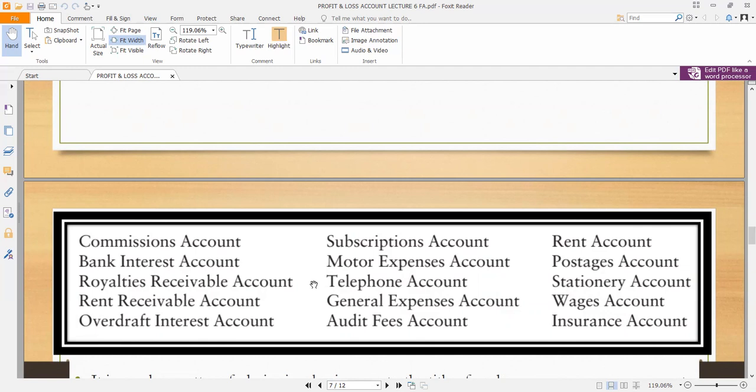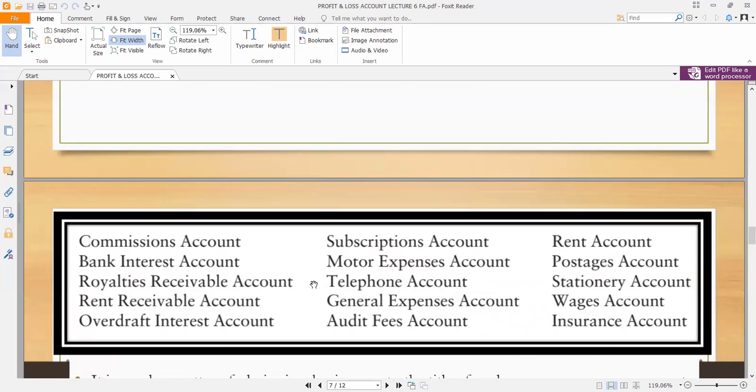So these are other accounts. These are types of accounts that a business could have: overdraft interest accounts, subscription accounts, motor expense accounts, telephone accounts, general expense accounts, audit fee accounts, rent accounts, postage accounts, stationery accounts, wage accounts, insurance accounts.